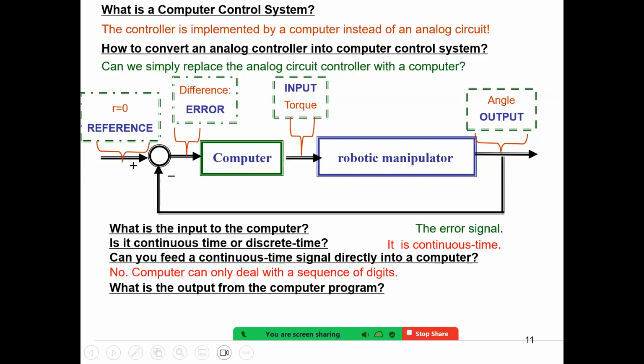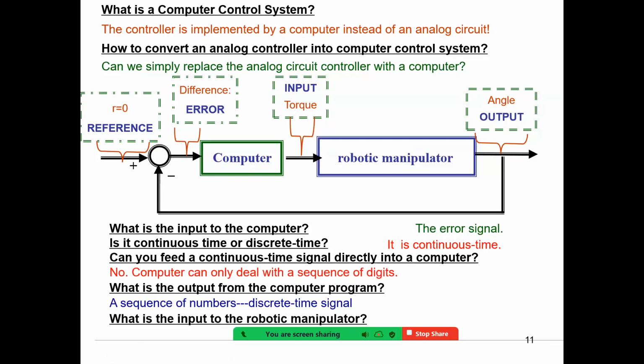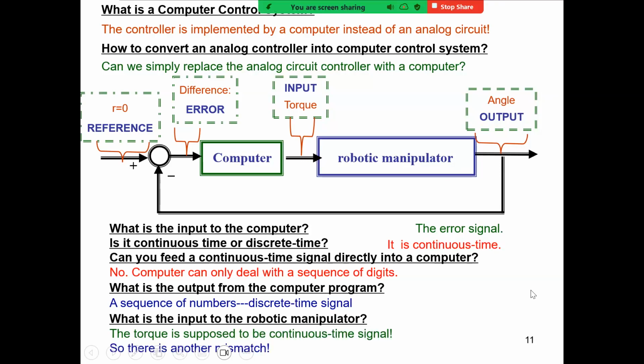It will also be a sequence of numbers, a discrete time signal. Then what should be the input to the robotic manipulator? It has to be a torque, and the torque is supposed to be a continuous time signal. So we have another mismatch here.